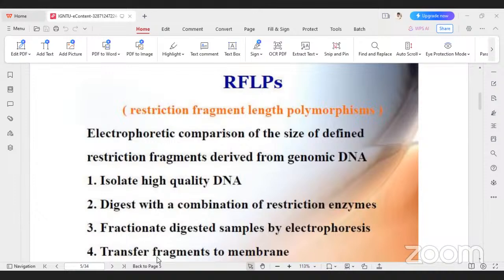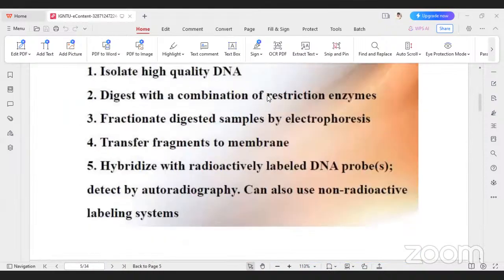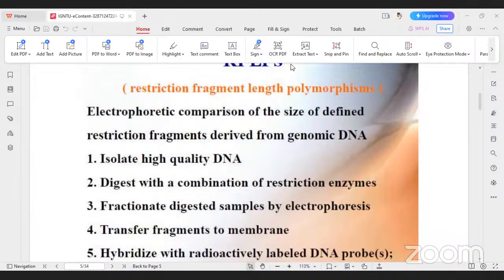The basic steps in RFLP begin with DNA isolation: isolate the DNA.